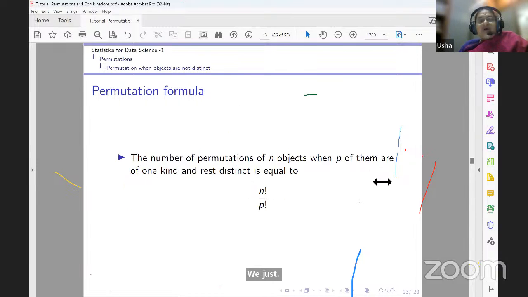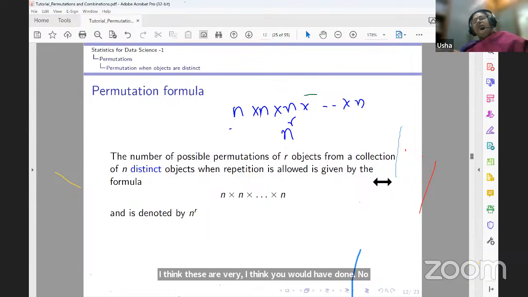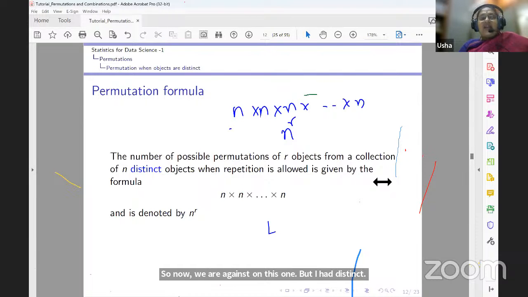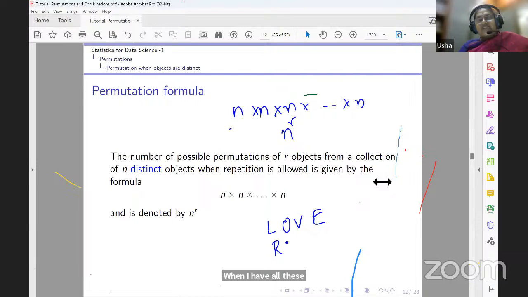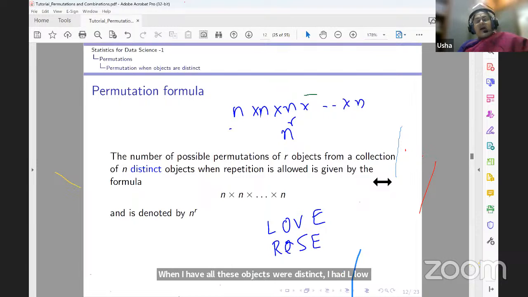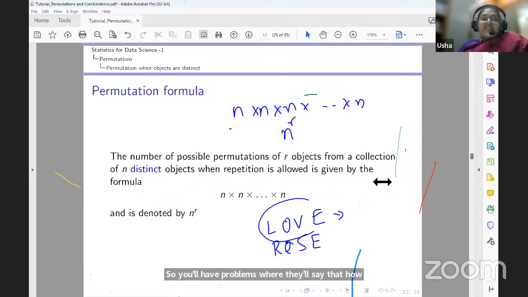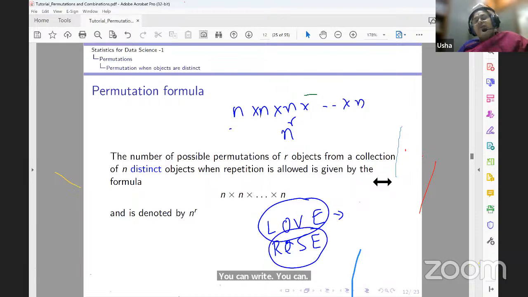So these were when all the objects were distinct. For example, I had LOVE or ROSE. You'll have problems where they ask how many ways you can arrange these alphabets.